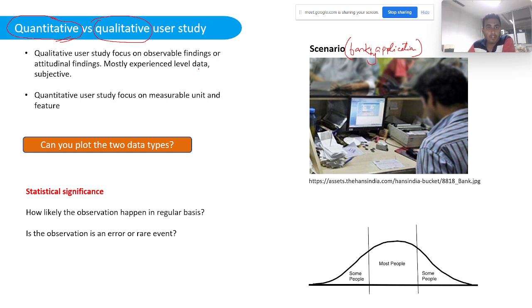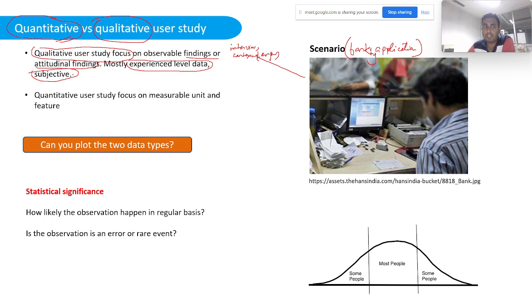Qualitative user study mainly focuses on observing findings and attitudinal information. Most of the information that we collect via qualitative techniques, for example interview or contextual inquiry, is experience-level data and subjective in nature.